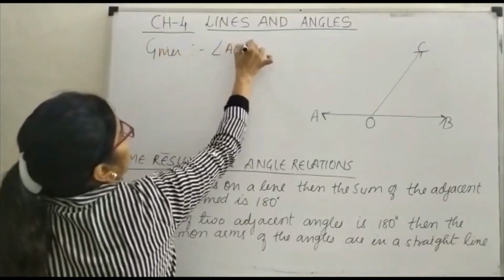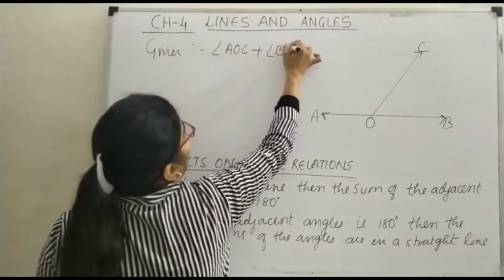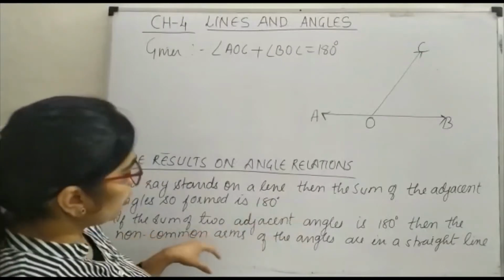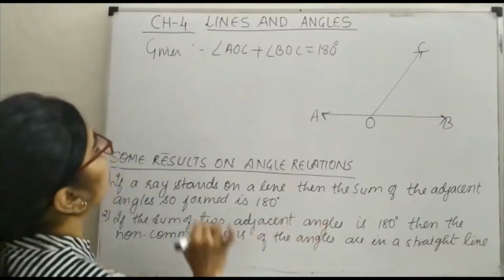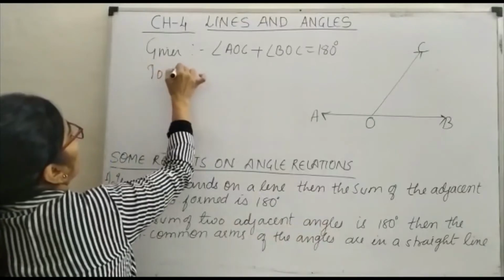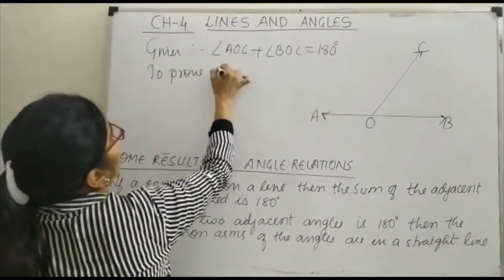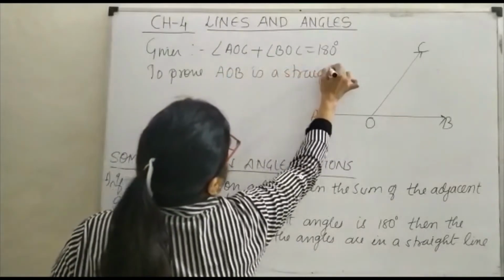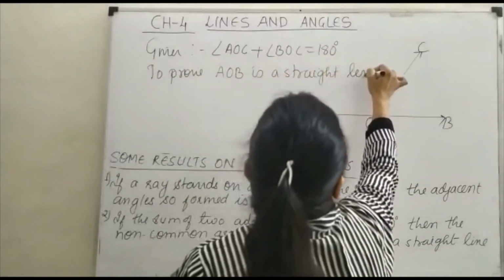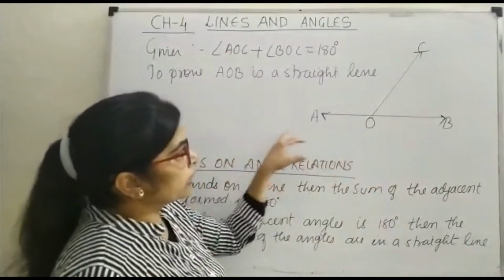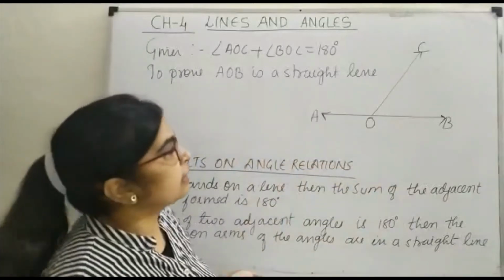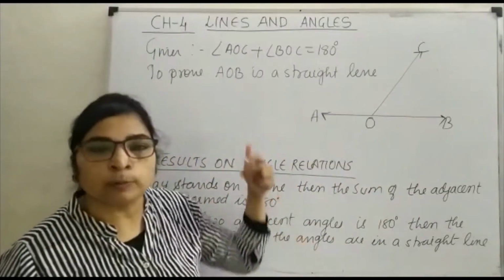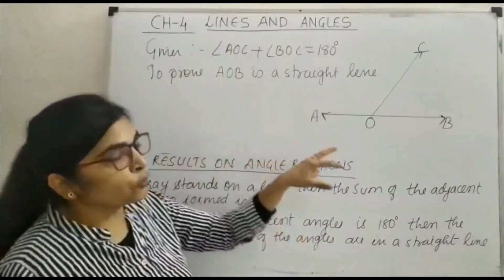Angle AOC plus angle BOC is equal to 180 degrees. Then the non-common arms of the angles are in a straight line. So to prove that AOB is a straight line, that means collinear. Then only they will form a straight line. Now we will use the method of contradiction to prove this result. We have to prove that AOB is a straight line.